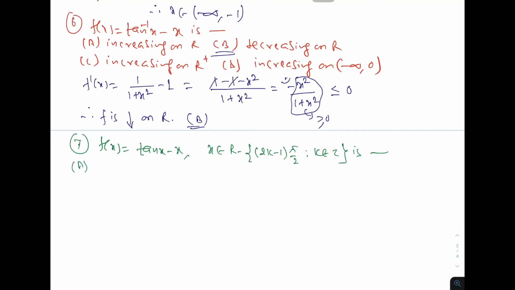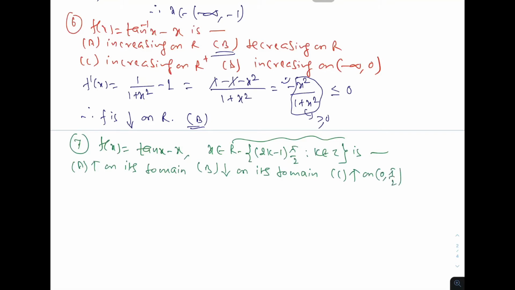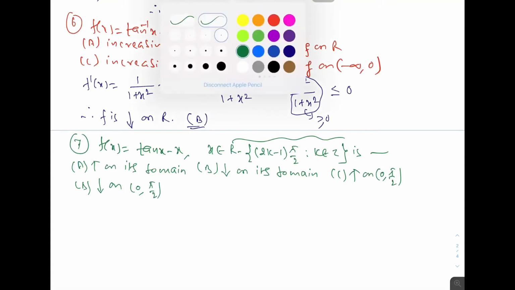So options are increasing on its domain. So this is the domain. Then decreasing on its domain, then increasing on 0 to pi by 2, and decreasing on 0 to pi by 2.